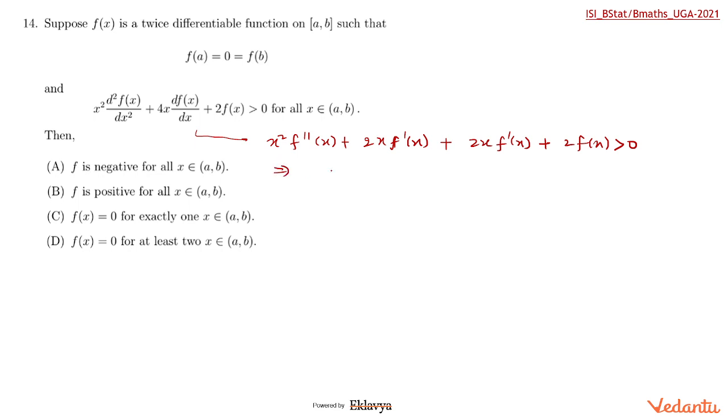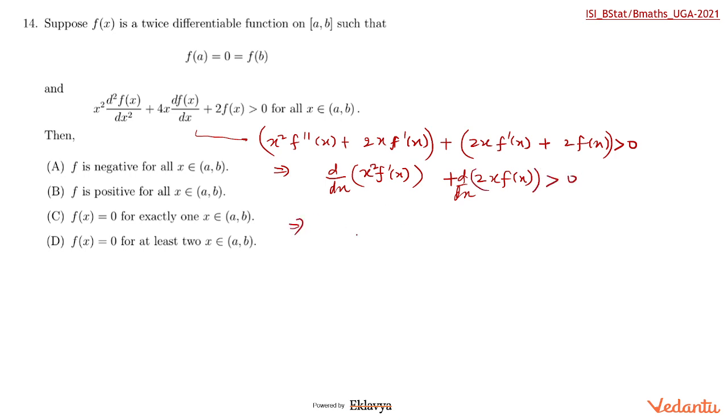So from here we can say the first part is d by dx of x square into f dash x. And clubbing the remaining two, this is 2 into d by dx of x into f(x).